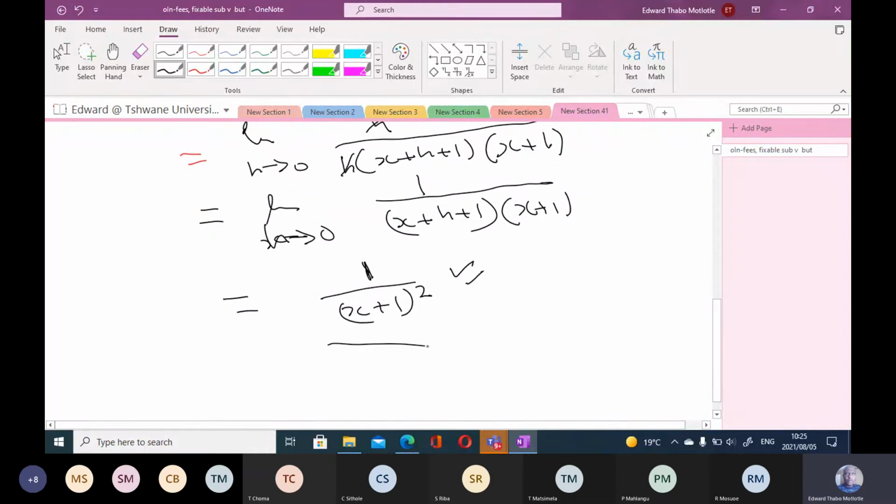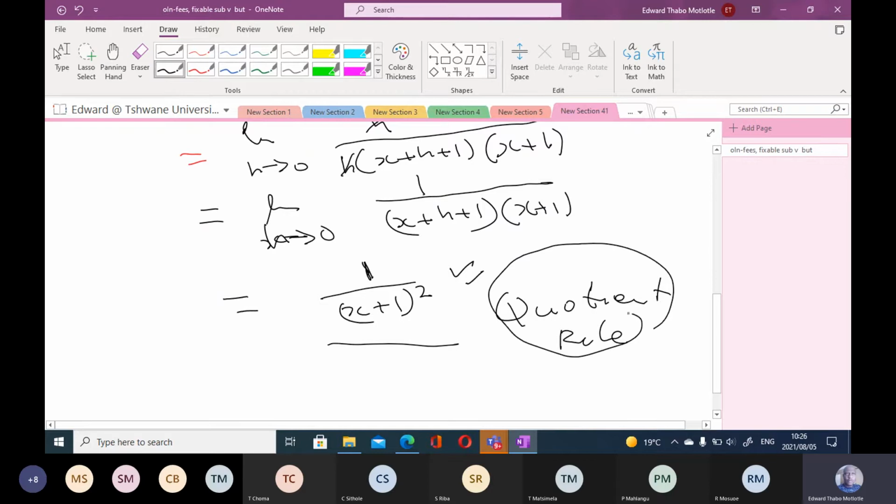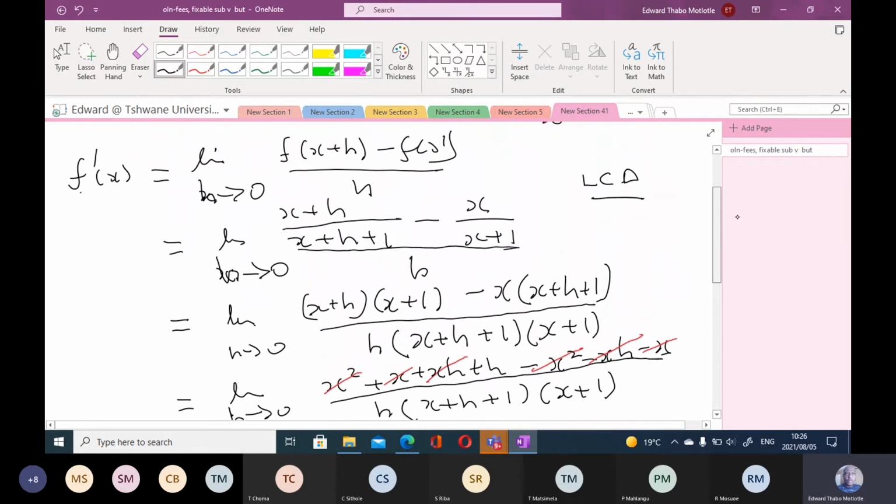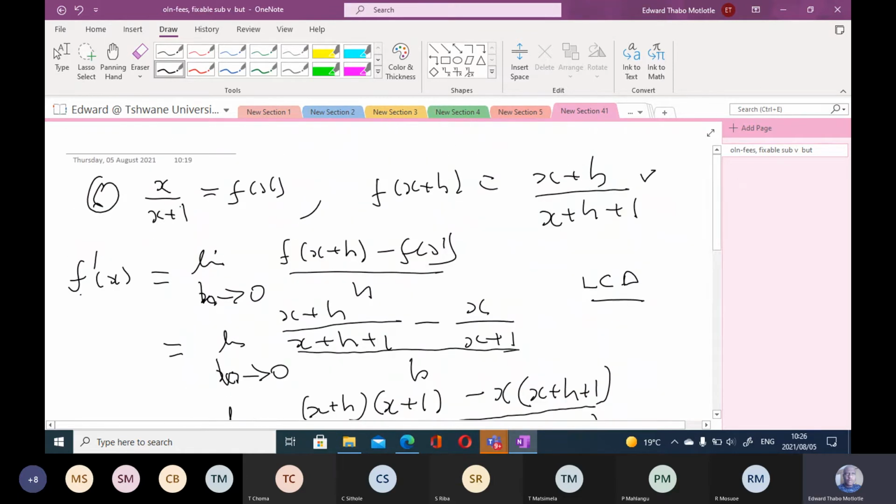Maybe later, once I have introduced the method called the quotient rule, for those who are from high school, you can ask me to go back and check if this is the answer. But this is the method I followed to solve this problem. The other one that I can think of, for interest's sake, is another example.